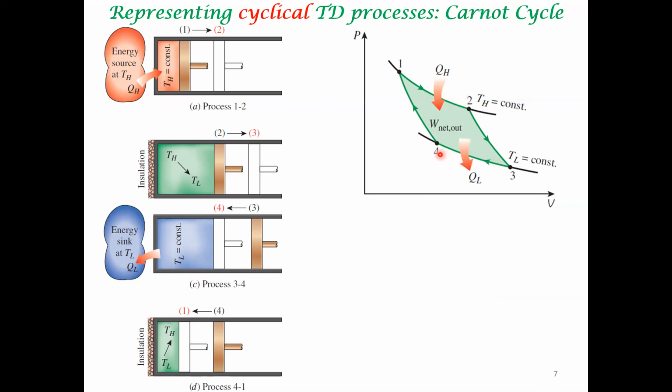We will see this more closely in the next couple of lectures, but eventually you will see that you get net work out of the system by integrating the area under the curve.